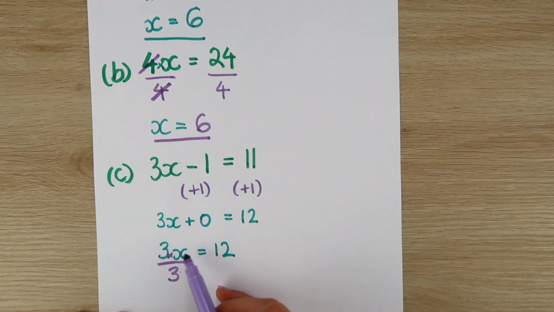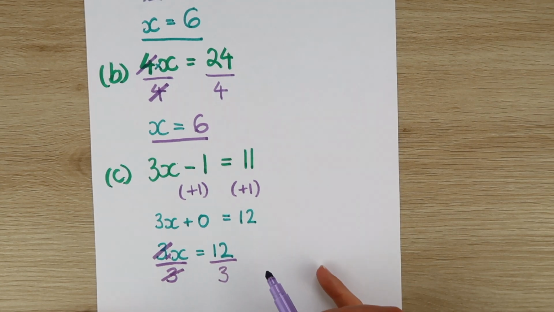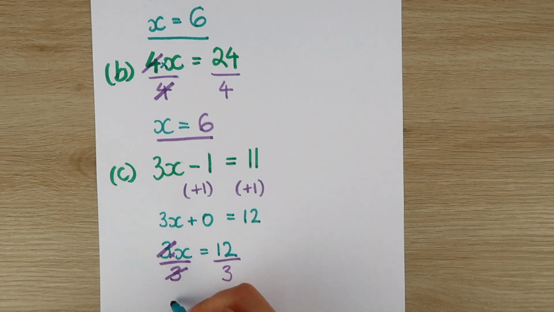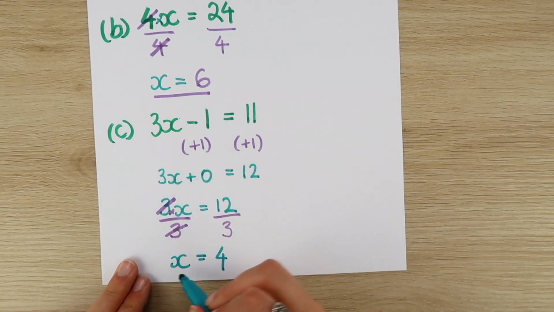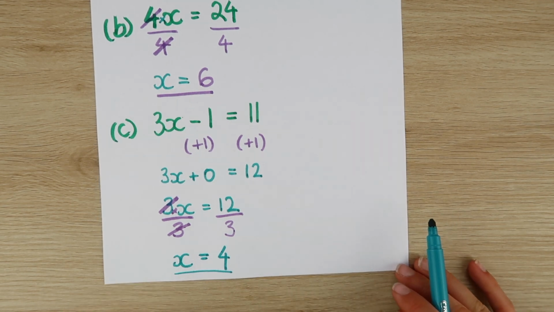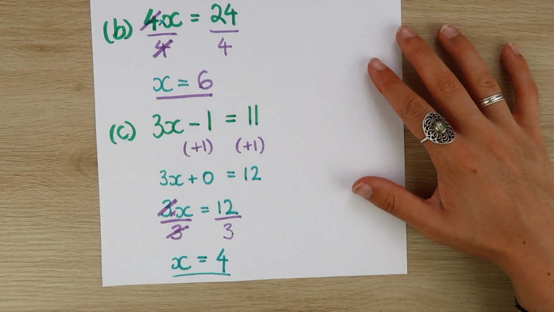So 3x divided by 3, cancel those out, 12 divided by 3, and then we'll be able to calculate that in a second. So my final answer will be x is equal to 4, because 12 divided by 3 is equal to 4. Okay, so that's how you solve the simpler equations.